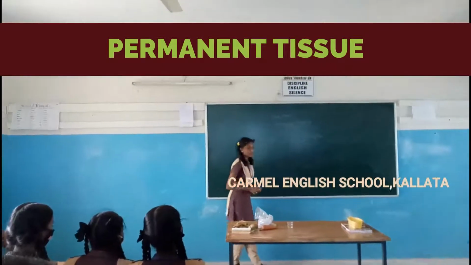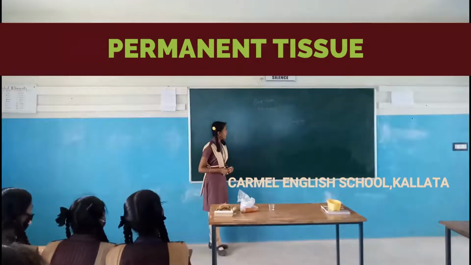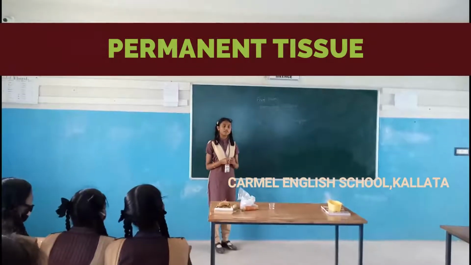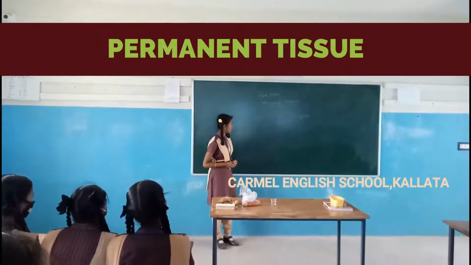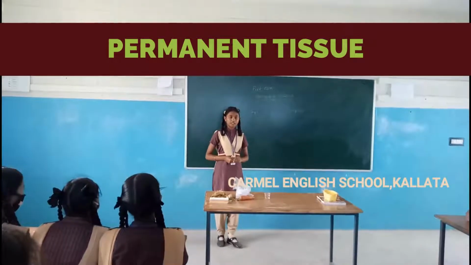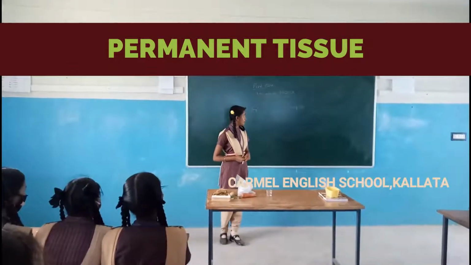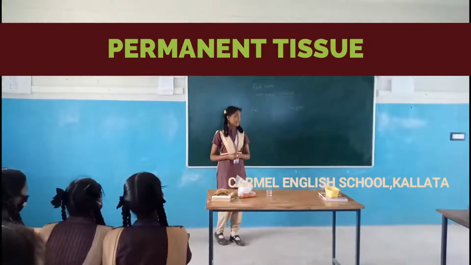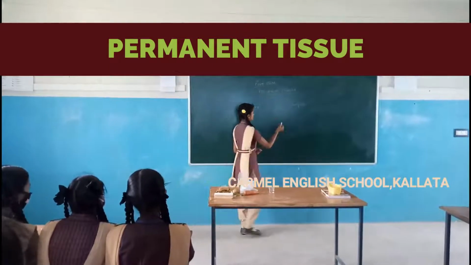Simple permanent tissue means a tissue which is made up of only one type of cell, while complex permanent tissue means a tissue which is made up of more than one type of cell.